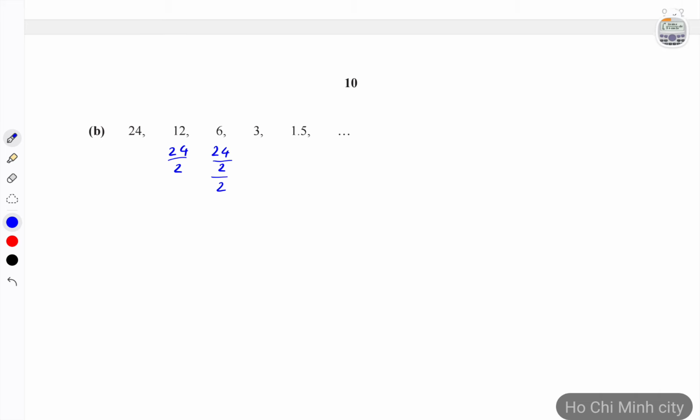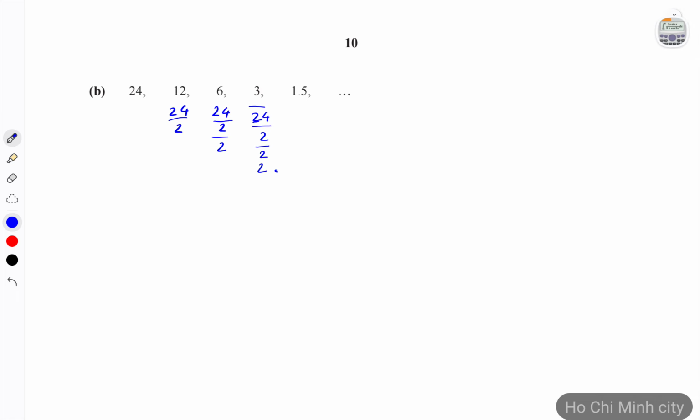All right, so here is 24 divided by 2, right? And then here is 24 divided by 2 and then divided by 2. Here is 24 divided by 2 and divided by 2 and then divided by 2. So we can write this sequence as 24 divided by 2 to the power of 2, 2 to the power of 3.